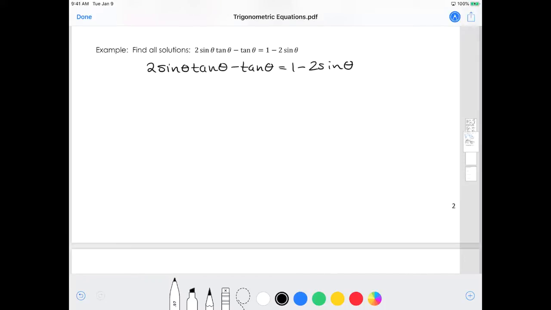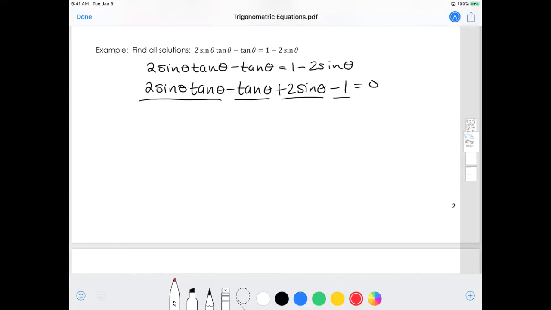So I'm going to subtract 1 and add 2 sine theta to both sides. If you notice, we have 4 terms. And when we have 4 terms, the bells should go off in your head and think we're going to factor by grouping. So I'm going to look at these two and these two temporarily separately.